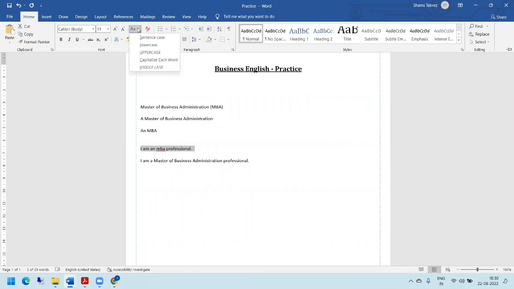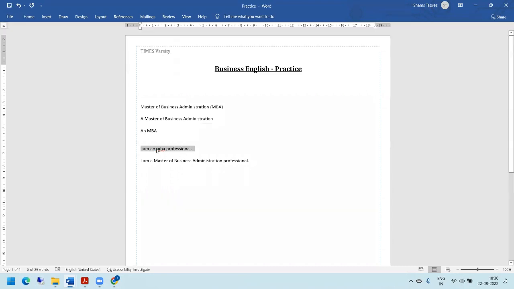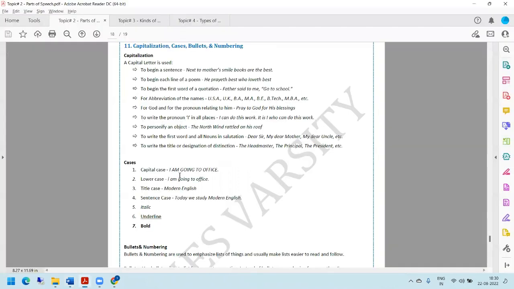The correct way is MBA, this one, because this is the short form of Master of Business Administration. The short forms or abbreviations are always capital. So this is how we need to take care of our sentence.